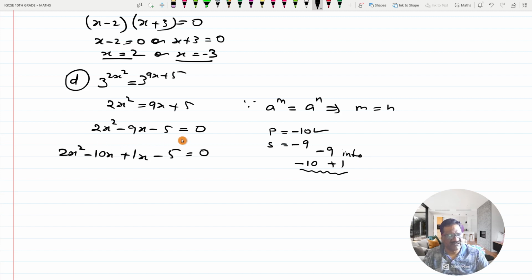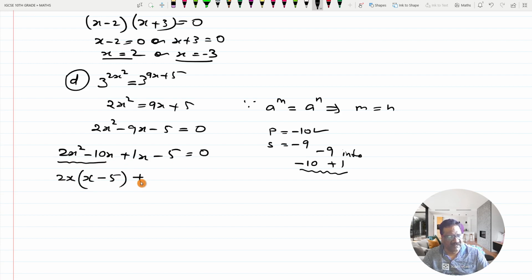So these three terms are now converted into four terms. Now from two terms, I'm going to take a common factor out. From this, the highest common factor will be 2x bracket x minus 5.